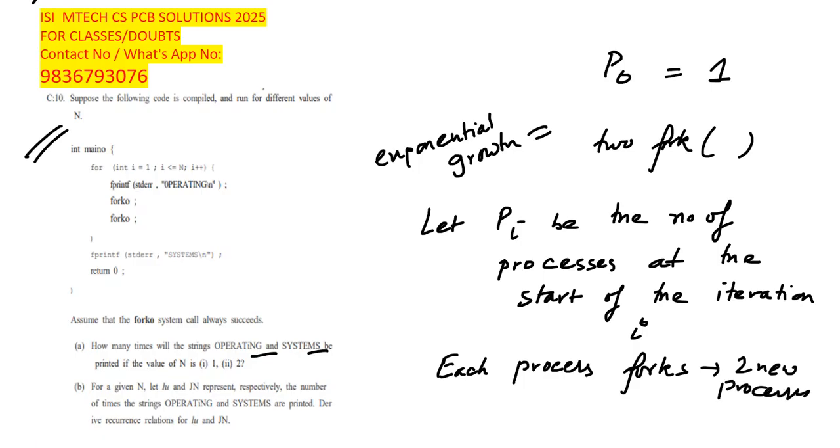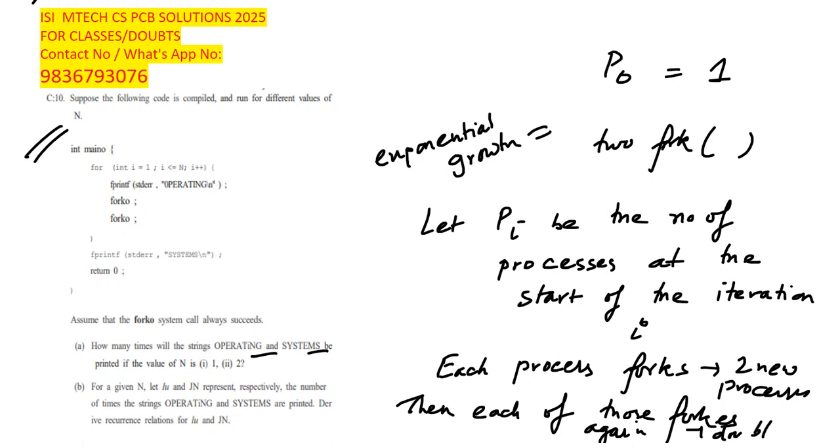Each of those forks again, which doubles again. So if each process forks twice, it will lead to 4 child processes for the original.